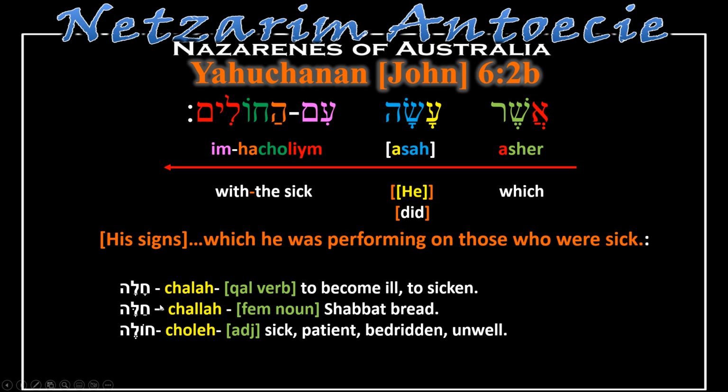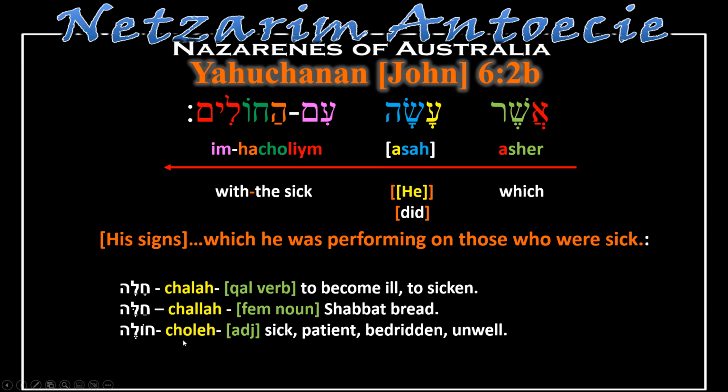That's the translation. Now I've given you chala, which is a qal verb to become ill or to sicken. But now I've given you same root, chala, but you notice the vowels are different. It's a feminine noun and it literally means Shabbat bread.